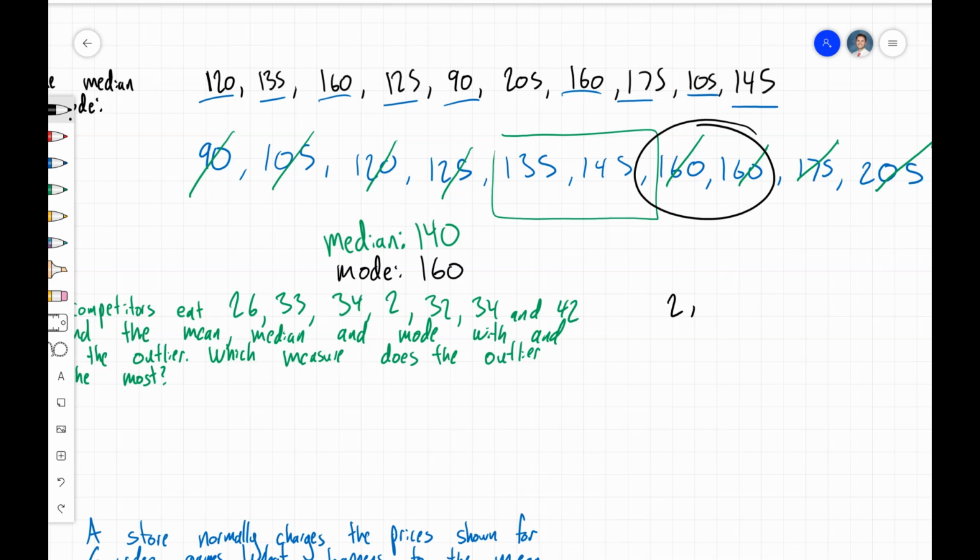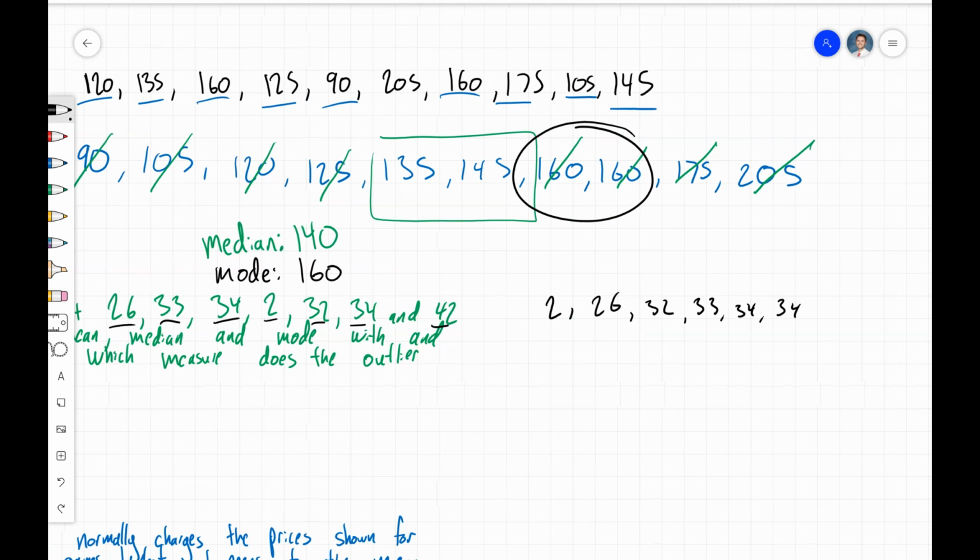Again, let's put these in order from least to greatest first. We have 2, then 26, then 32, 33, 34, another 34, and 42. If we want to find our median, we can start from the ends and work our way to the middle.